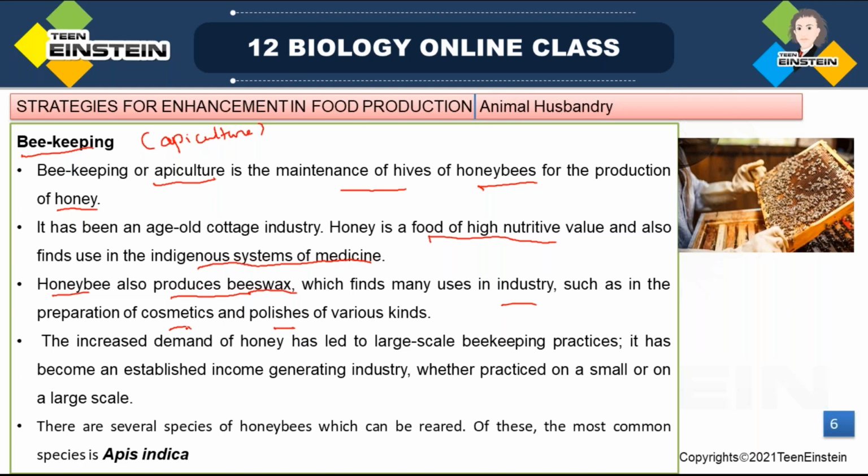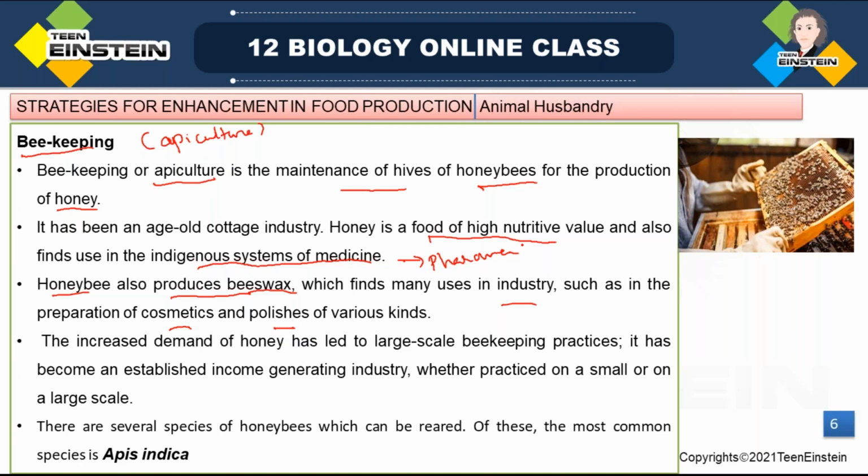The honeybee produces honey, and that honey has a very high nutritive value. The nutrient content in honey is very high, and it is very important in the medicinal industry also. On the pharma side, honey has very high demand.